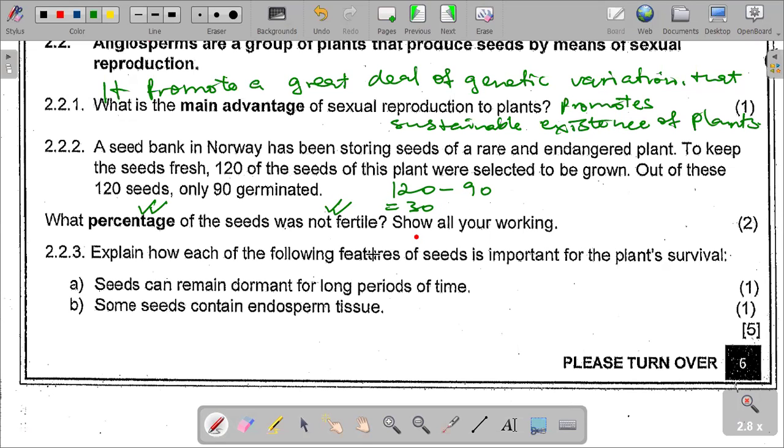So the percentage equals 30 over 120 multiplied by 100 over 1. If we input it, we get our answer, which is 25%.